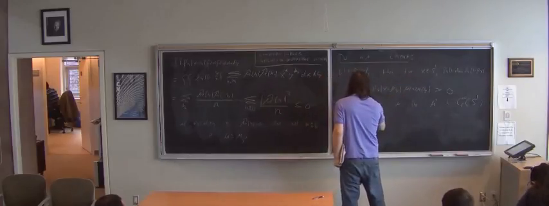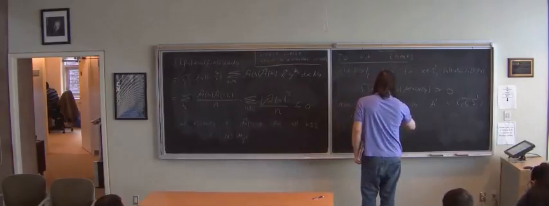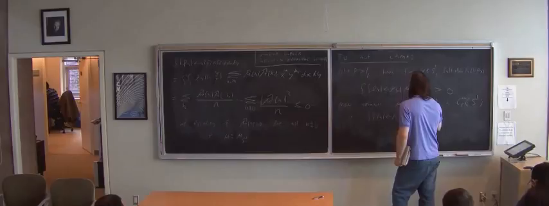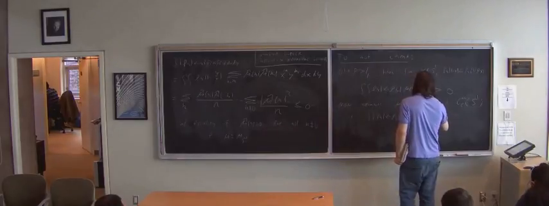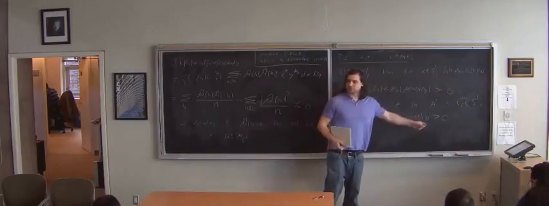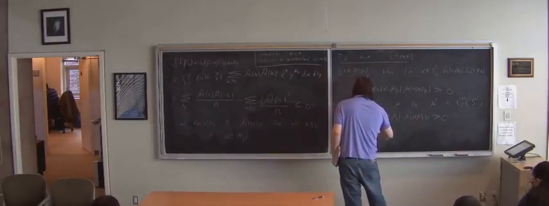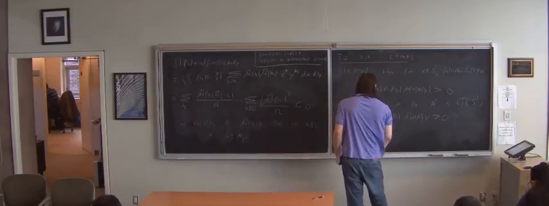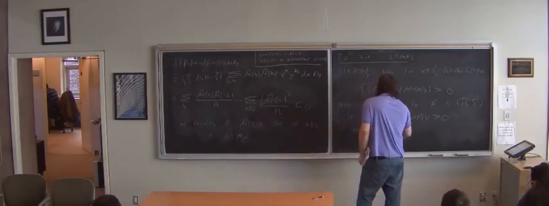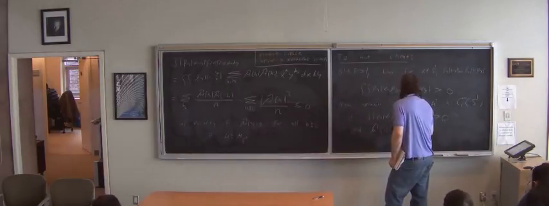So such that, first of all, if you look at this integral, it's still bigger than 0. And mu prime hat of 1 is equal to mu hat of 1.